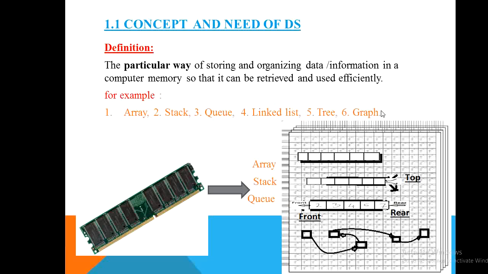Whenever data exists in the computer, it must have some kind of data structure. Data structures are very important to manage the large amount of data, right? You can see the large amount of data we have to manage in databases.